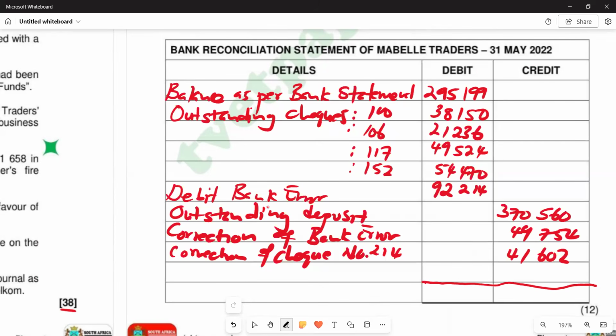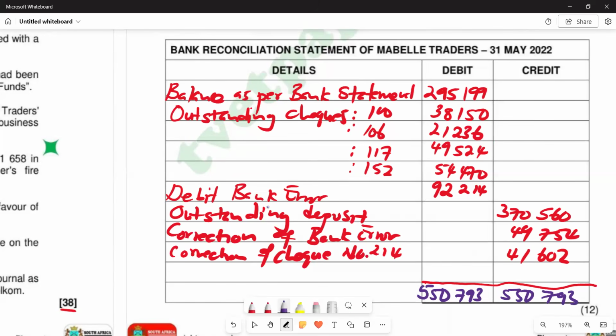So in this case, if you add the total of the debit and add the total of the credit, you are going to notice that the total of the debit is the greater total with an amount of 550,793. So we are saying the total of the debit side is greater with an amount of 550,793, which should appear on both sides in between the double lines.